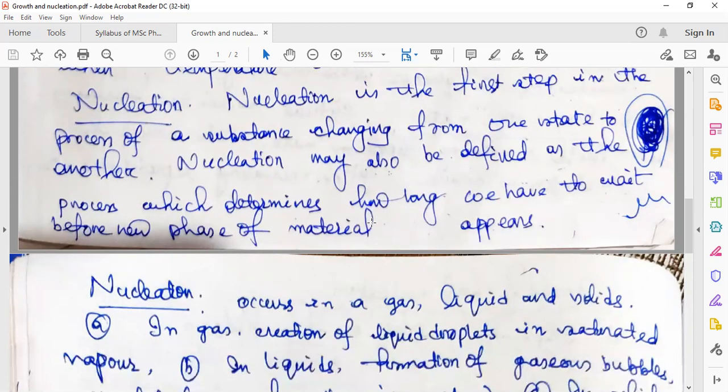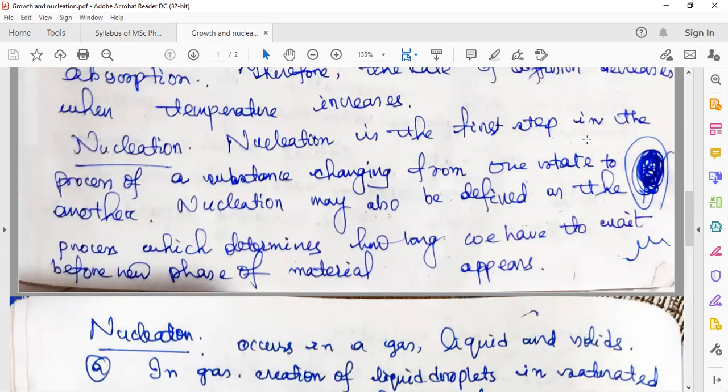So what is nucleation? By definition, nucleation is the first step in the process of a substance changing from one state to another. When a substance changes from one state to another, the first step is nucleation. Suppose a change from solid to liquid, or from liquid to solid, or when you have to grow some crystal, from the raw materials the main product is formed.